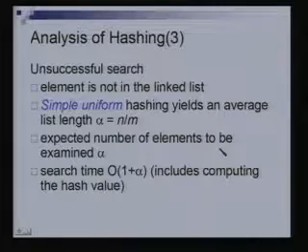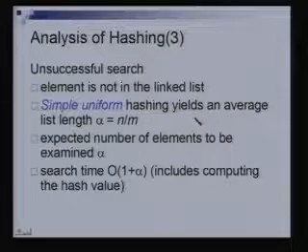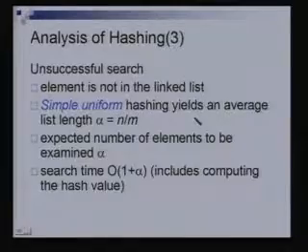Okay. So, what happens when we are trying to search and our search is unsuccessful, right? So, which means that I took the element, I computed the value of the hash function. I went to that particular slot in the hash table. I ran through the linked list, but I did not find the element. So, I went through the entire linked list and I did not find the element at all.